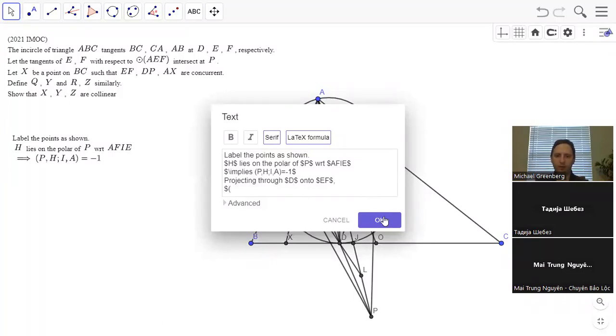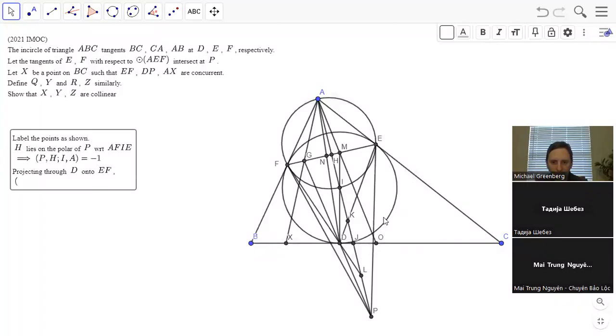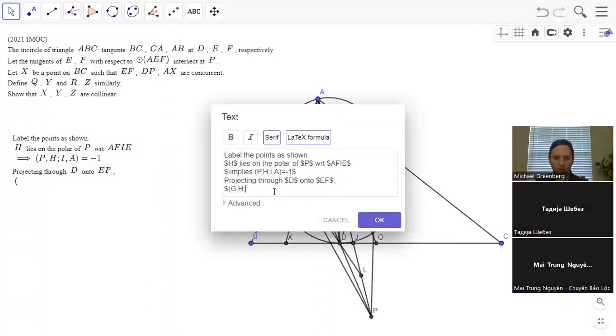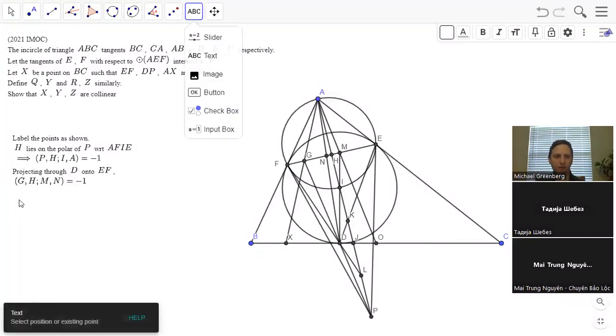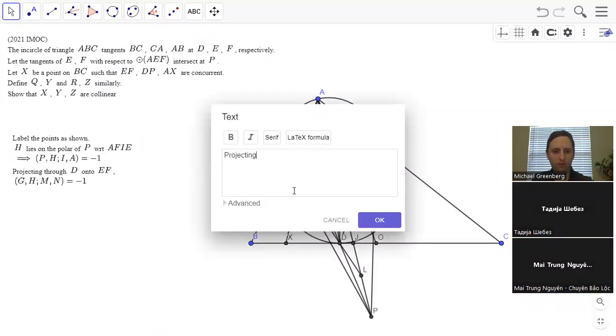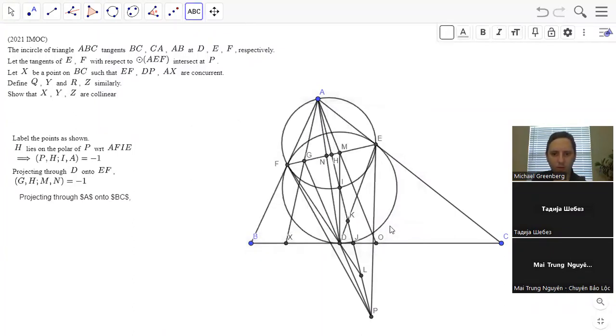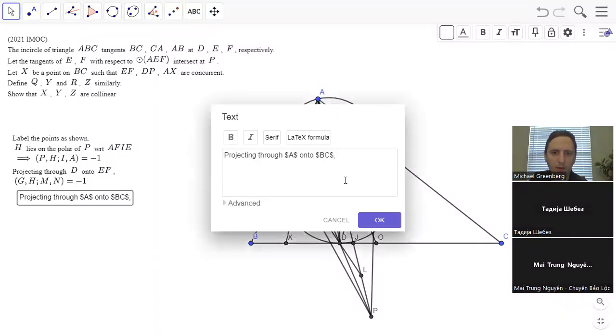Then we have GHMN is harmonic. Then projecting through A onto BC, we have XJOD is harmonic.